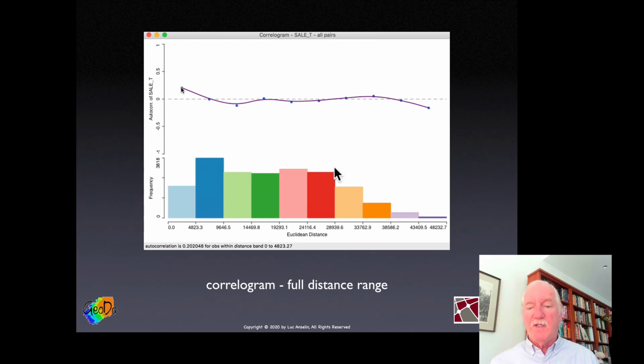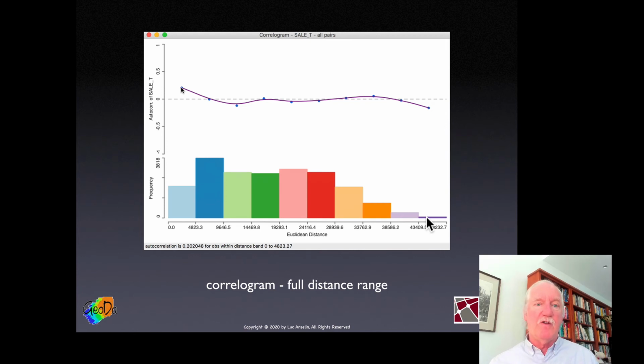One problem with this, and you see this on the right-hand side of the curve, is that as the distances become larger and larger, the number of pairs of observations that fall into these bins decreases tremendously. And this, one could argue, and we could also demonstrate, can exert undue influence on the shape of the curve.